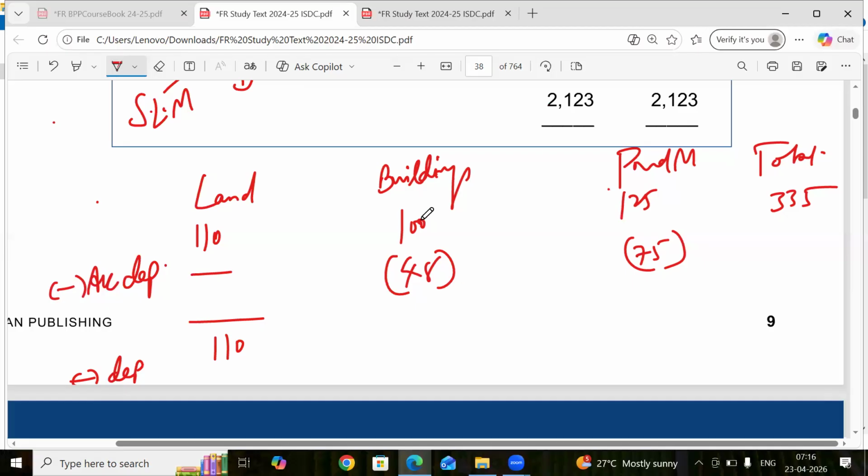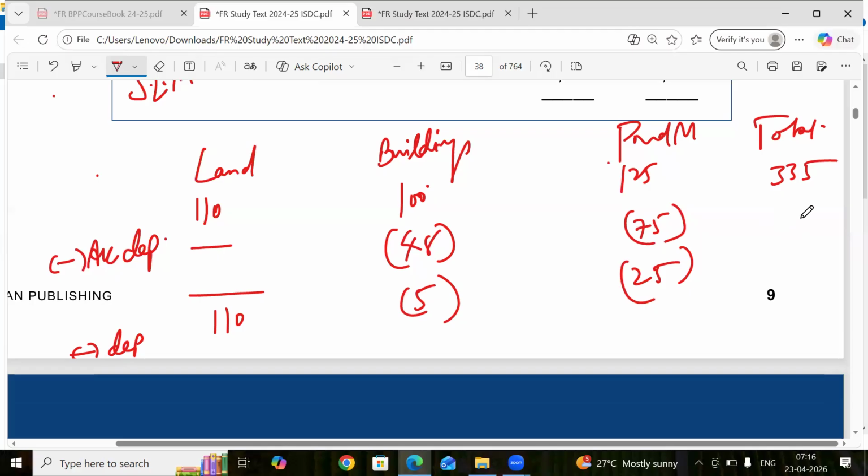So here, straight line, 5% of 100 would be 5. 20% of 125 will be how much? 25. So now the carrying amounts we can get.